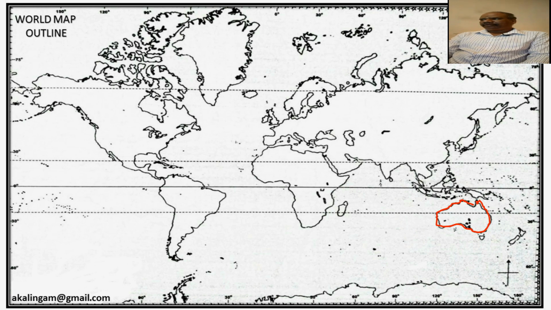The great leader Ho Chi Minh. Australia, the smallest continent. Next, New Zealand, a sovereign island country in the Pacific Ocean.